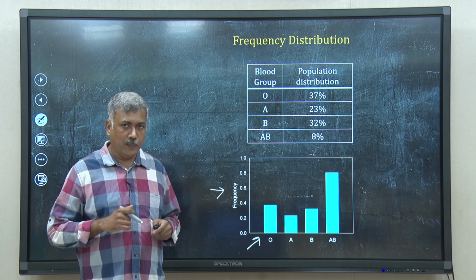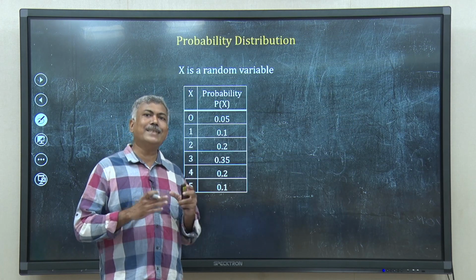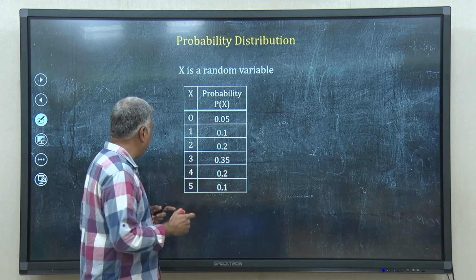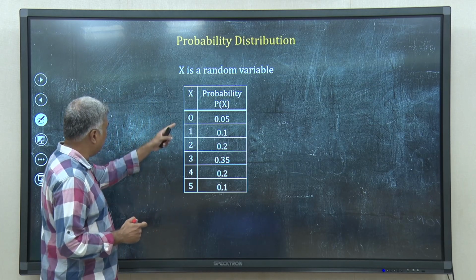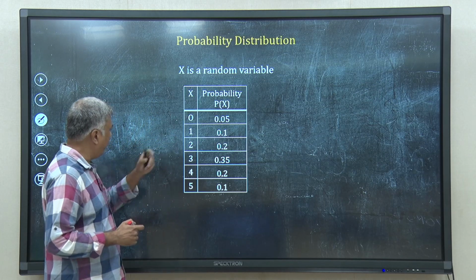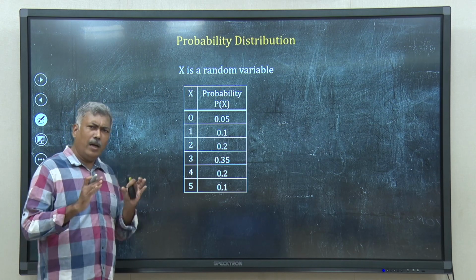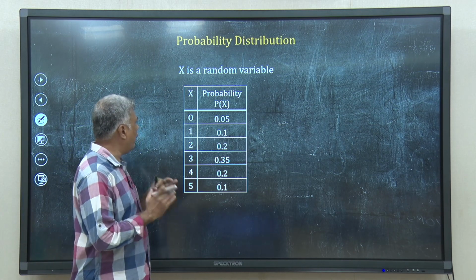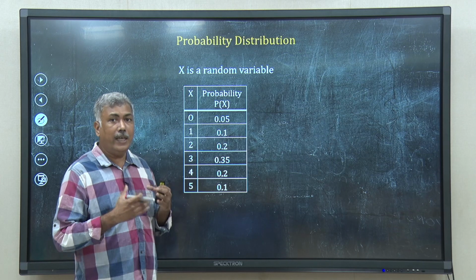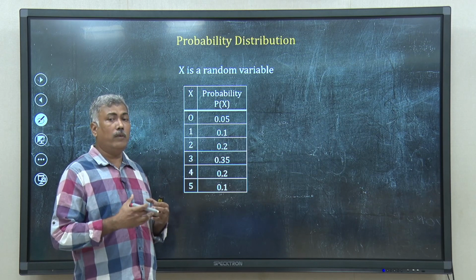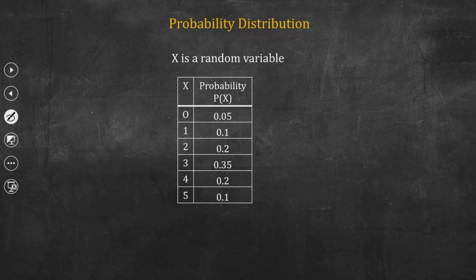Now, similarly, suppose X is a random variable and it can take some discrete values 0, 1, 2, 3, 4, 5, right. And somehow we know the probability that X will be equal to 1, the probability of X equal to 0, something like that, and those are all listed here.